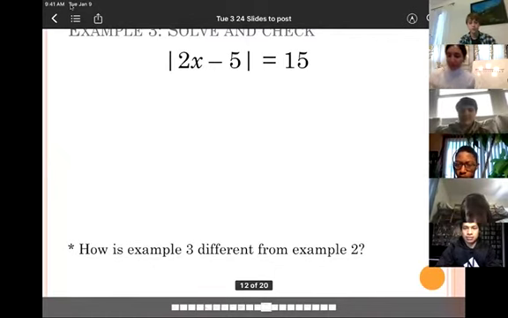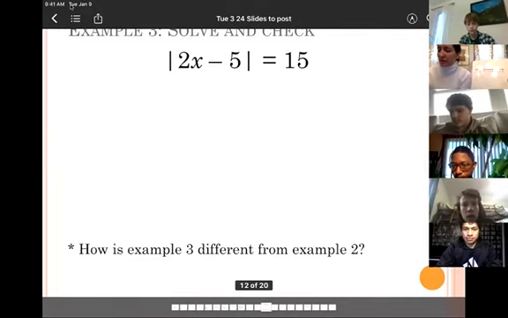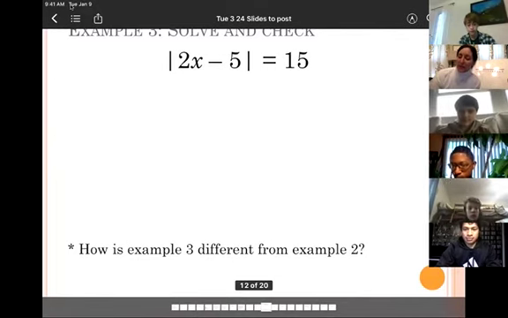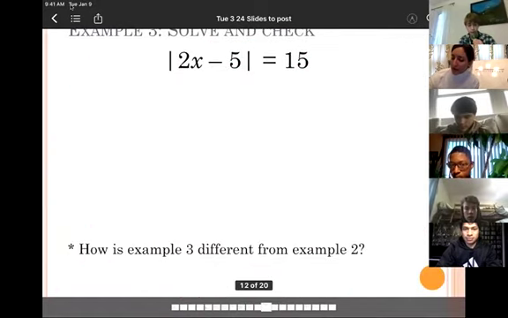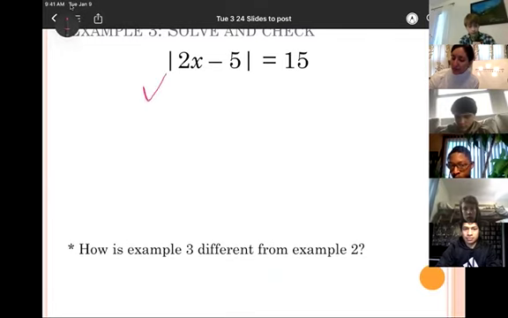So then it would be 2x plus 5 equals 15. Not quite. So when it's inside the bars, the first thing you're going to do is separate it into our 2 equations. So we'll have this be 2x minus 5 equals 15.